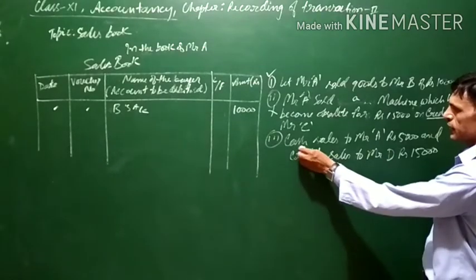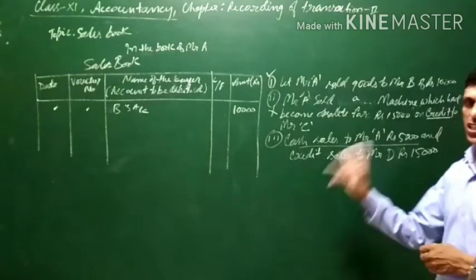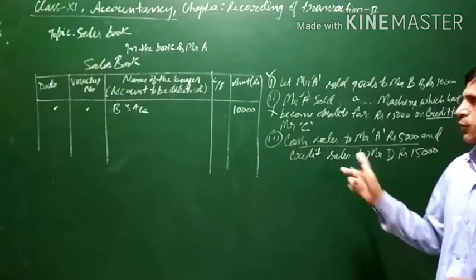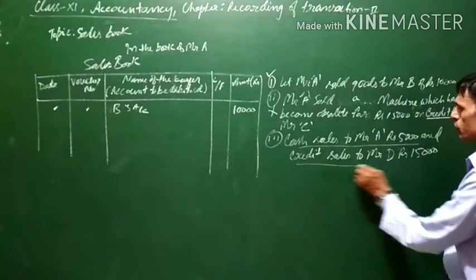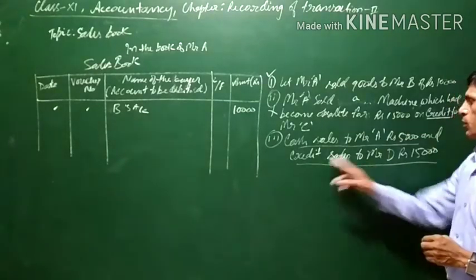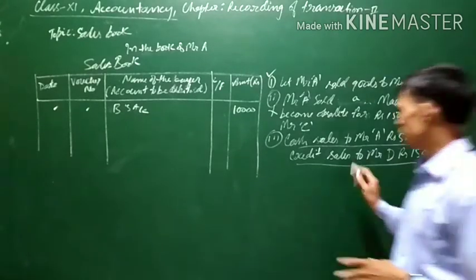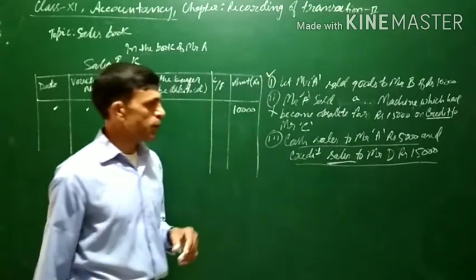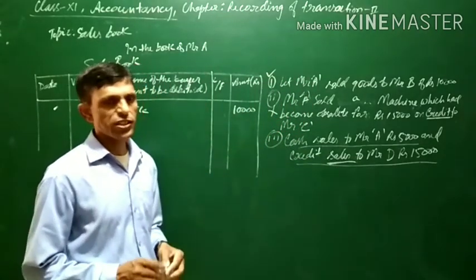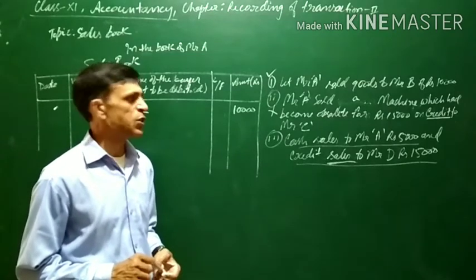Now the next is a cash sale to Mr. A, ₹5,000. As we know, a cash sale is not recorded in the sales book. It will be recorded directly in the cash book. And this credit sale will be recorded to Mr. D, 15,000 worth of sales. Here simply sales is mentioned, so we will be assuming that whenever sales is mentioned, it is related with the sale of those goods in which the business is dealing.